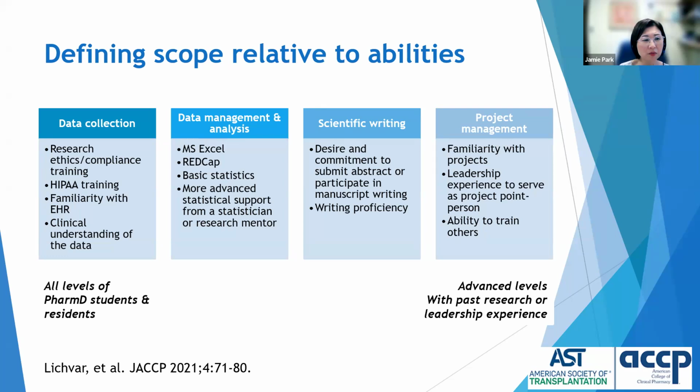And they should have some familiarity with the electronic health record if you're doing retrospective review, and have some clinical context. So something to think about is first-year pharmacy students may not have all of those, and perhaps your target learner to include on your project if it requires the last two steps is probably second and third year pharmacy students, okay?